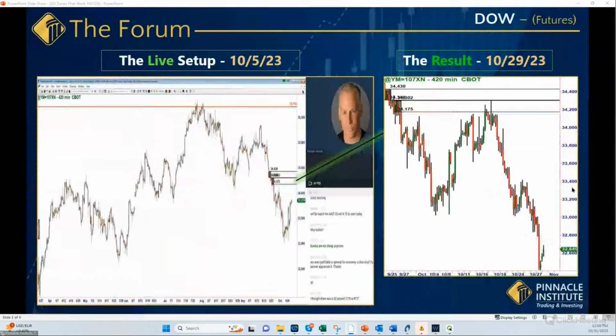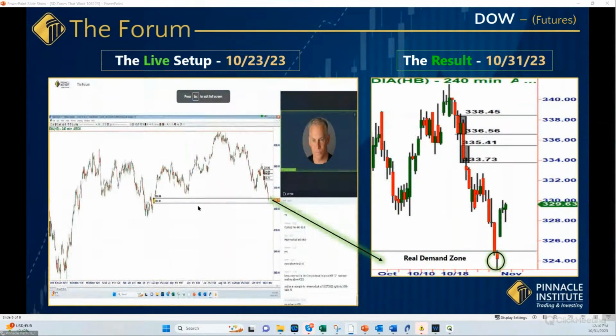Now, if we look recently, remember recently we've looked at this one before. We had our supply zones here in the Dow, and then over the past week and a half, we hit those supply zones and turned lower. Yesterday and today, we reached the opposing demand zone down here, the 325 demand zone.